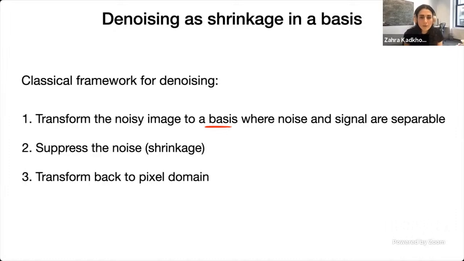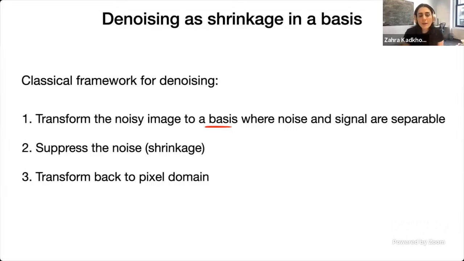Most of the classical traditional denoisers worked in 3 stages. The first is to transform the noisy image into a basis where noise and signals are separable. Then the noise is suppressed using some sort of a shrinkage function. And then the coefficients are transformed back to the pixel domain. This is a very simple framework.